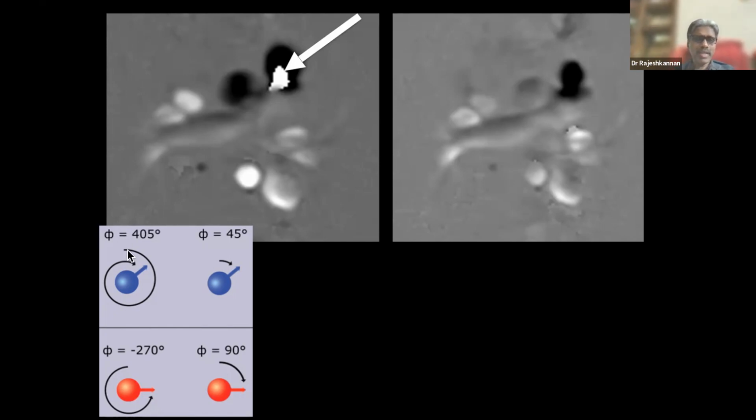So suppose any spins having, say, a 405 degree phase shift, it will be similar to the phase shift of a proton which has only 45 degrees. So that's going to overlap with each other. Similarly, protons having a phase shift of 90 degrees and minus 270 degrees are going to overlap with each other. So in simple terms, whenever we use a very low Venc and the velocity of the vessel is too high for that Venc, it will produce aliasing.